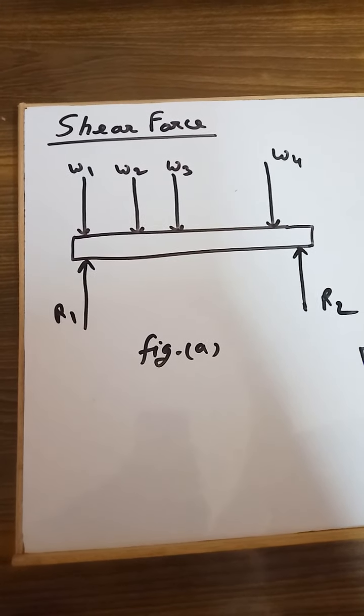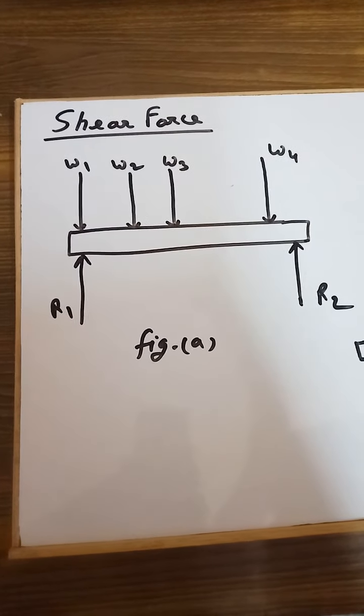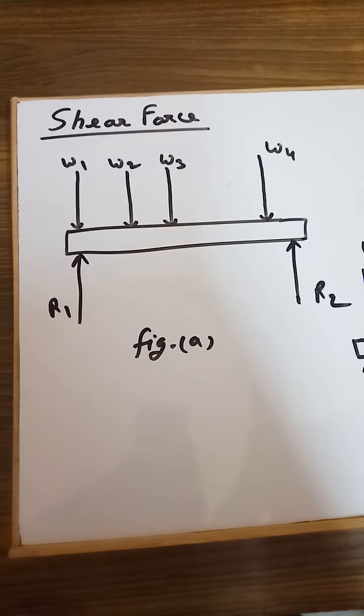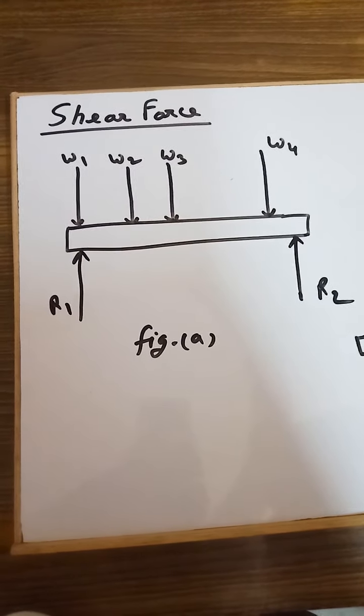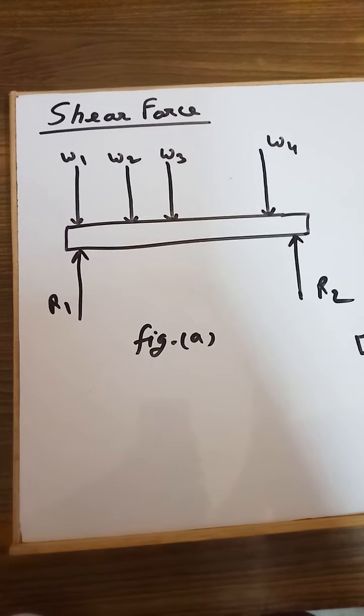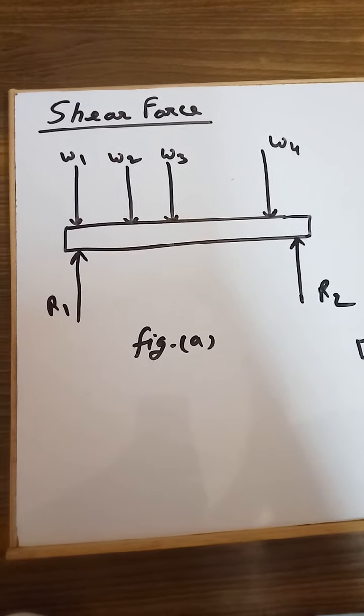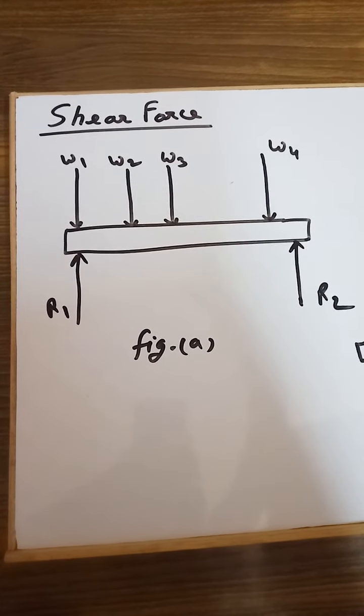If a particular point is considered and we need to find the value of the force, it is simply the magnitude of the force acting at that point. Whereas the shear force at a section means the sum of all the forces on one side of this section.